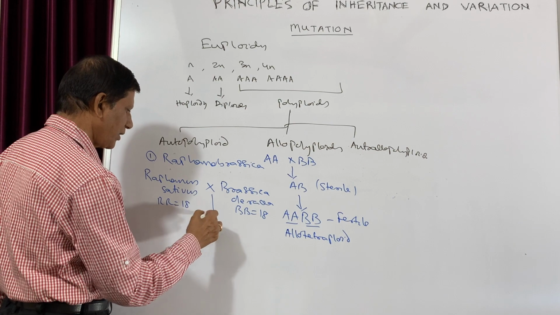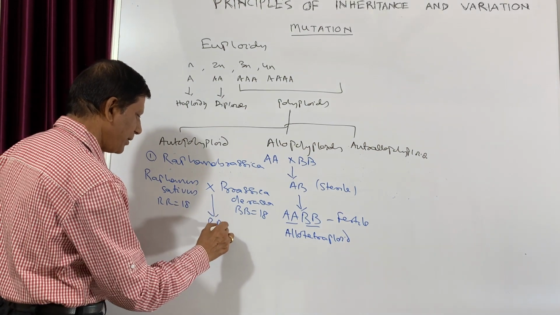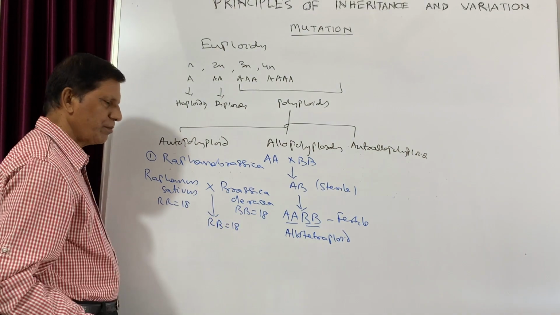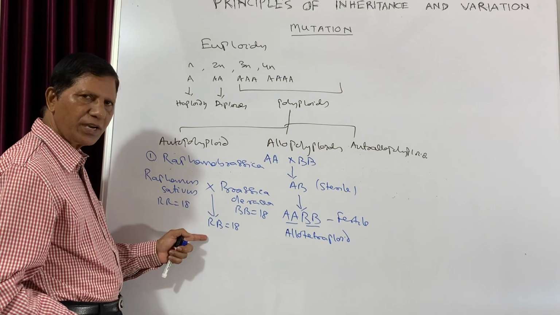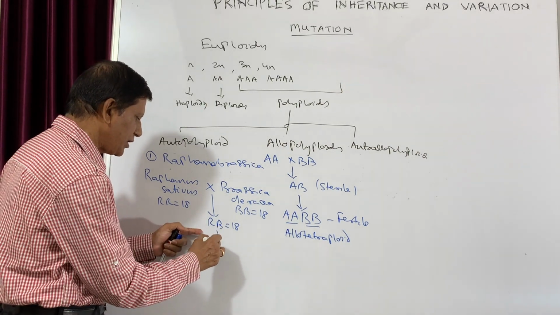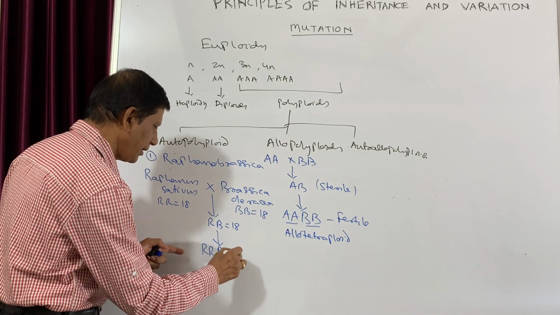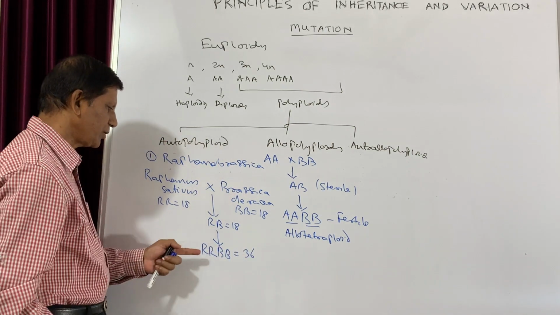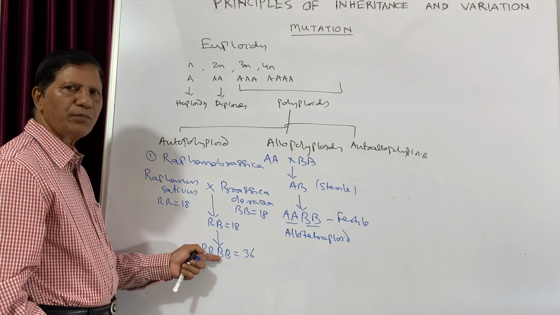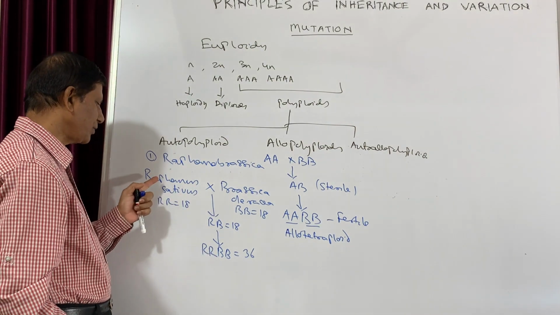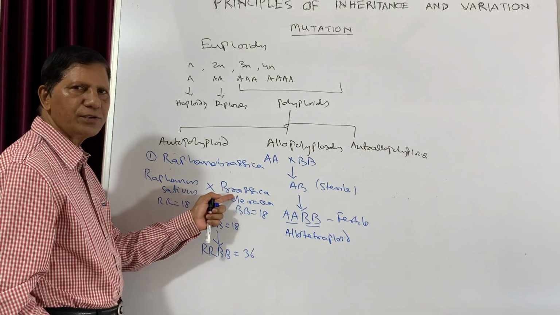When these two are crossed, it will be RB and 18, but this F1 hybrid will be sterile. Now by applying colchicine, if it is doubled, then R will be doubled, B also doubled, and the chromosome number will be 36. So see, this is an allotetraploid having the characters of both radish as well as cabbage.